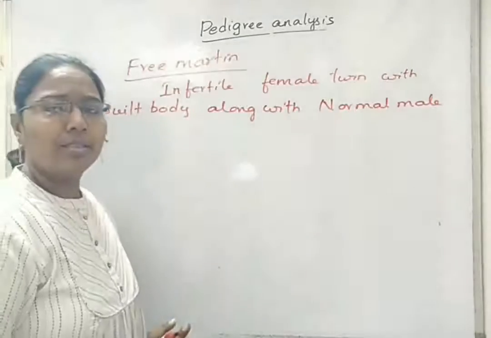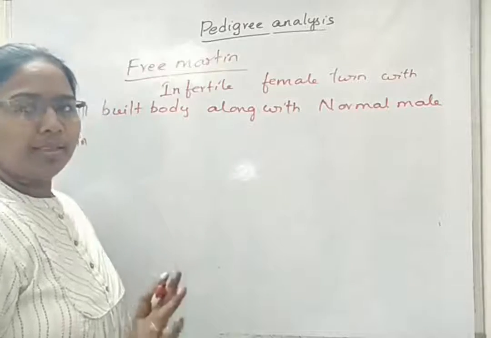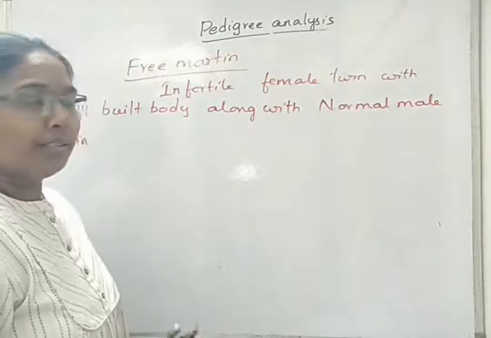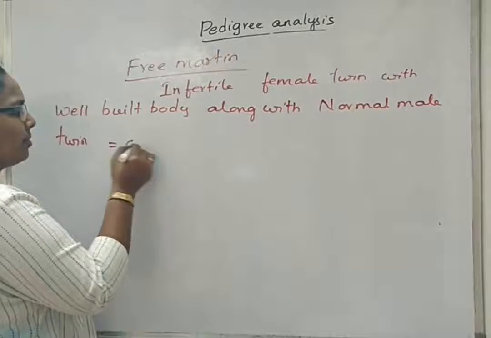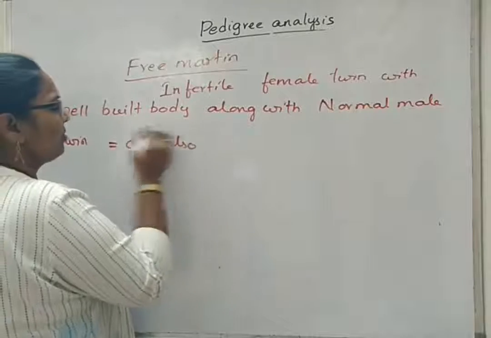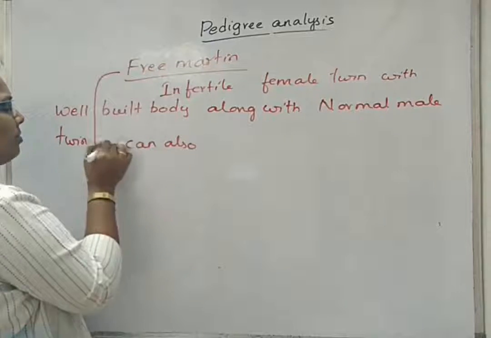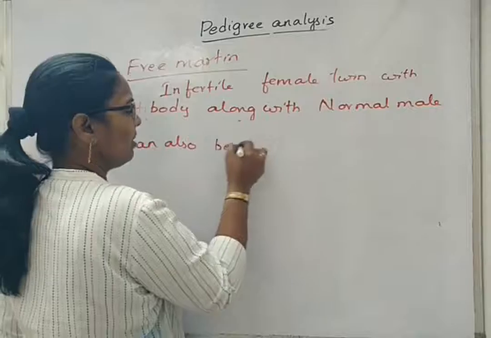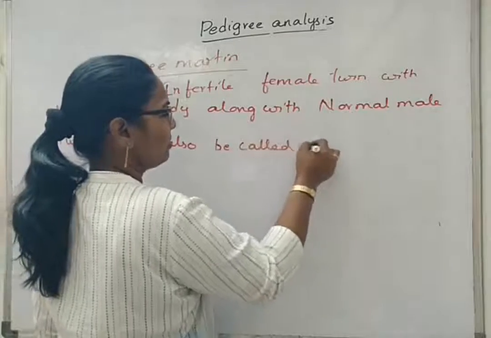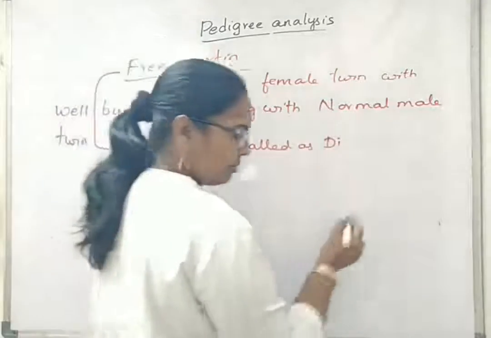We can also use a term like dizygotic twins, but the condition is that the female is infertile and has a hefty body. It can also be called a dizygotic twin.